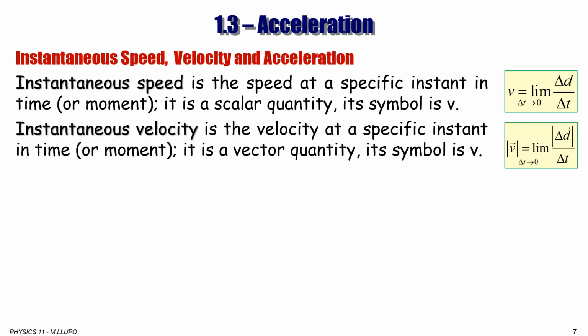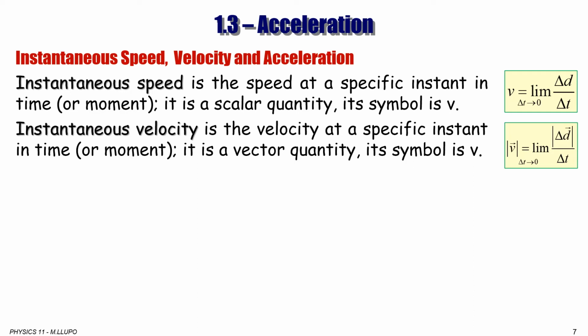The same way, you can calculate instantaneous velocity, which is the velocity at a specific instant in time or a moment. It is a vector quantity because velocity is a vector quantity, and the symbol is v with an arrow on top. So we can calculate the value of the instantaneous velocity when delta t goes to 0.